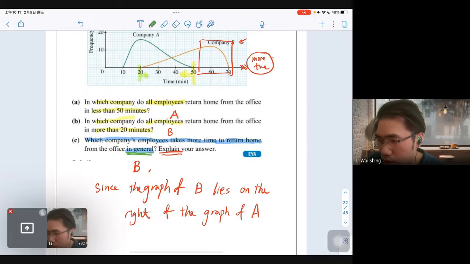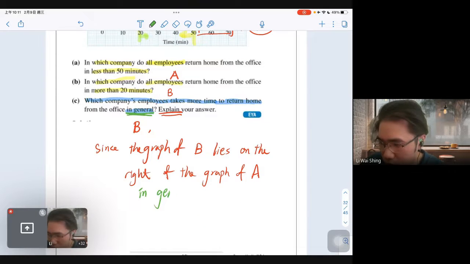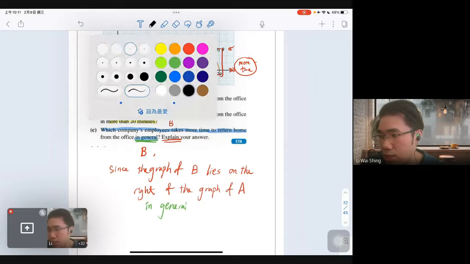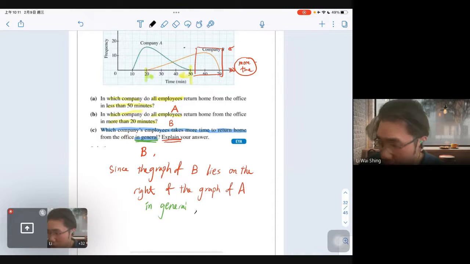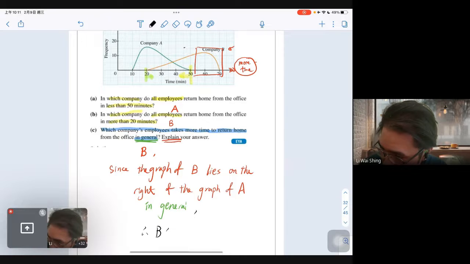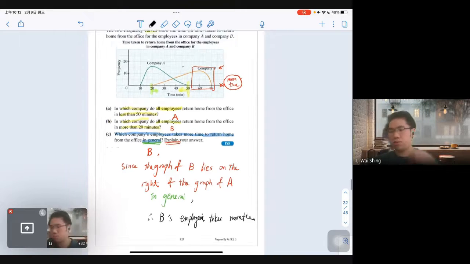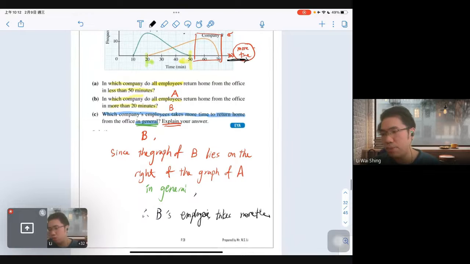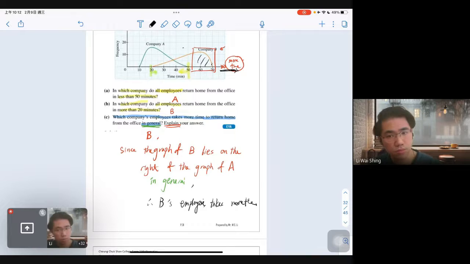It asks you in general, so you just tell me in general. 大致上嚟講，B 嘅 graph 都係 A 嘅右手邊。Okay, so that's why it takes more time. Since the graph lies to the right, it means take more time. So when you compare, you look at the right. B lies more right. So in general, it takes more time. Any question? No question. Easy, right?